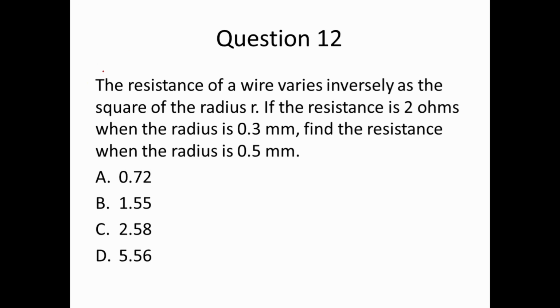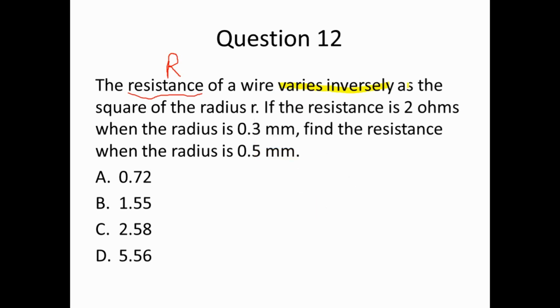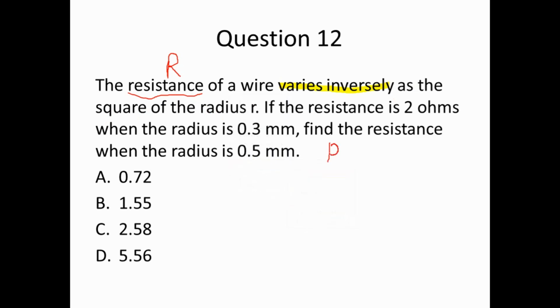Number 12. The resistance of a wire, so let's say this resistance is given the symbol capital R, varies inversely. The keyword is varies inversely as the square of the radius, small r. So the relation is R varies inversely, meaning 1 over the square of the radius, r squared. So R equals k over r squared.